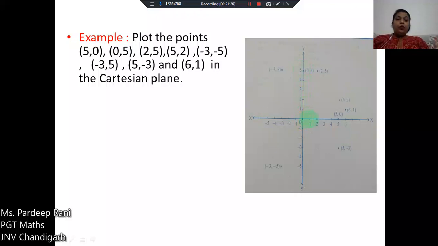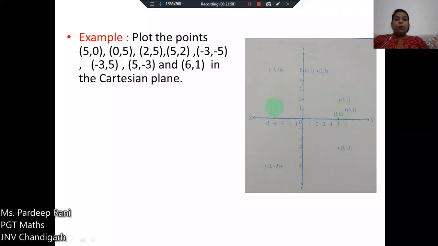We move 2 units towards the positive direction of the x-axis and 5 units towards the positive direction of the y-axis, and we reach the point (2, 5). For plotting the point (5, 2), we will move 5 units towards the positive direction of the x-axis, then 2 units along the positive direction of the y-axis, and we reach the point (5, 2).